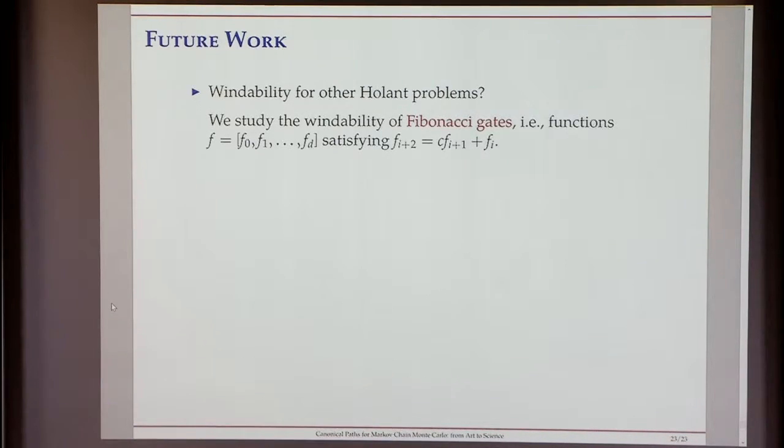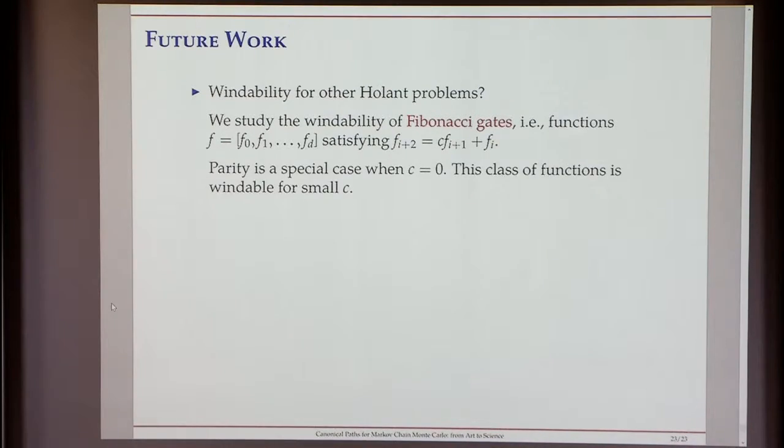And now I'm going to talk about some future work in this line. The first is, can we decide the windability for some other HOLANT problems? We are focusing on the HOLANT problem with the Boolean domain. A class of problems we have considered is the Fibonacci gate, that is, the functions satisfying this recurrence. Remember that the parity function is a special case when C is equal to 0.